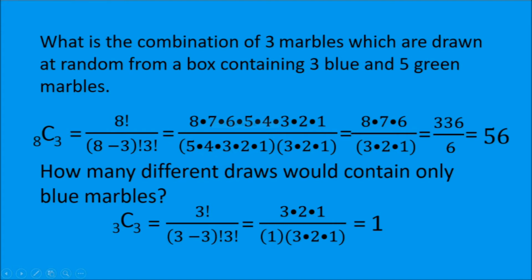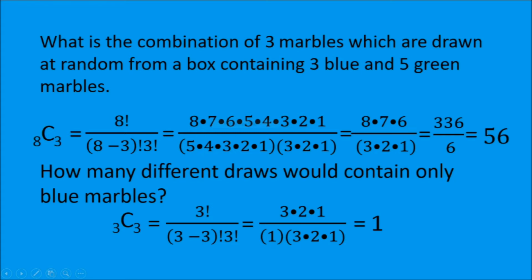There is a follow-up question from the problem. How many different rows would contain only blue marbles? The collection of objects is 3 blue marbles, and the problem is asking what is the combination of 3 marbles.